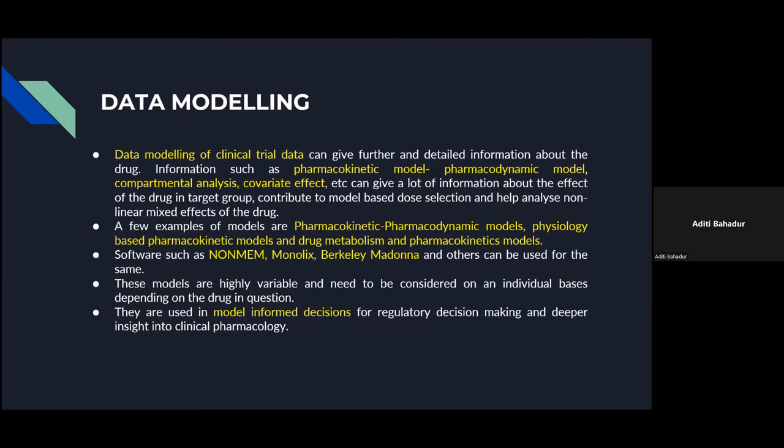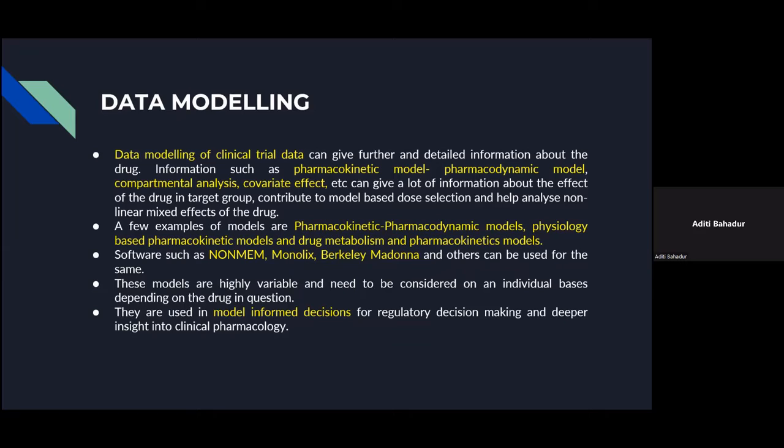Anti-cancer drugs have different types of models. Each drug can have, and should have, its own individual model, whereas a cardiovascular drug can have a different model.